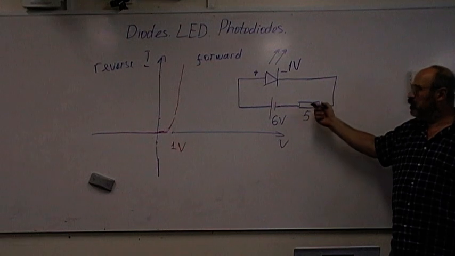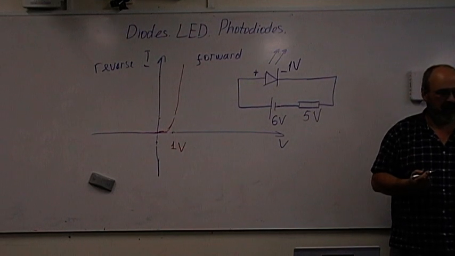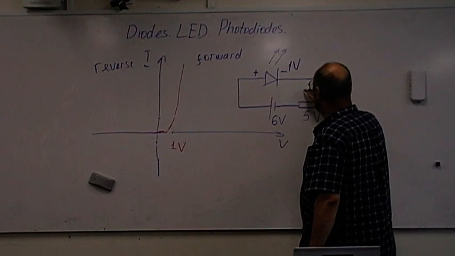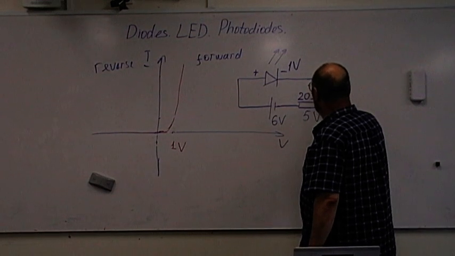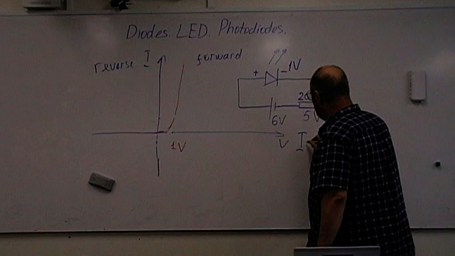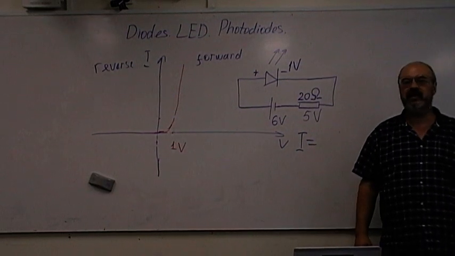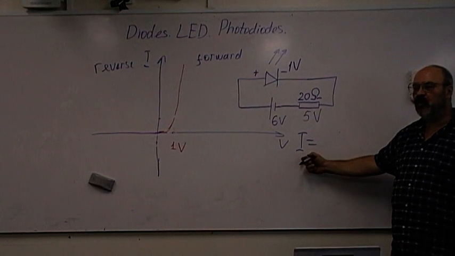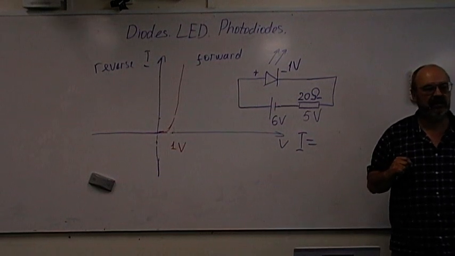So the value of resistance will determine the current in the circuit. Let's say we connect a resistor of 20 ohms. What will be the current in the circuit? How are we finding current? Ohm's law. Voltage over resistance. Which voltage do we need to take?